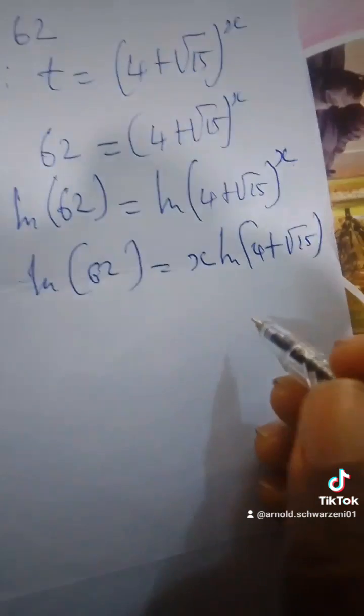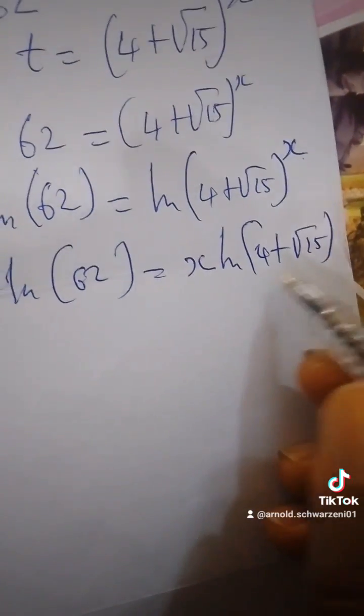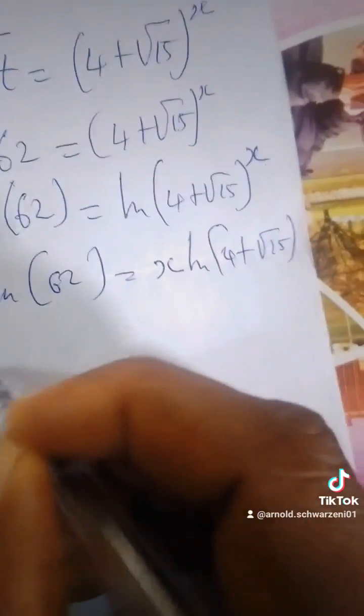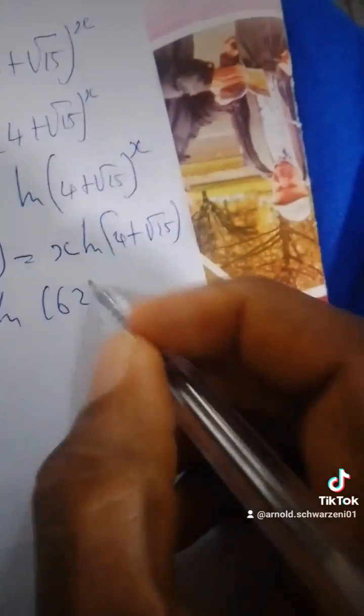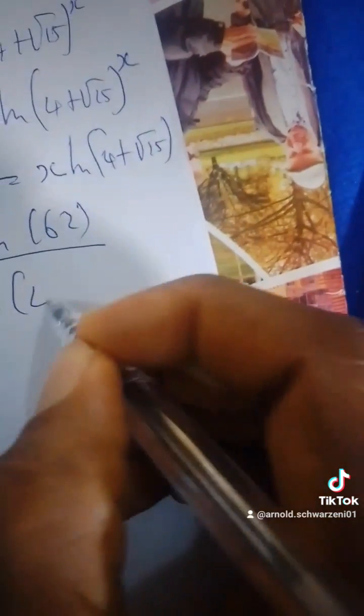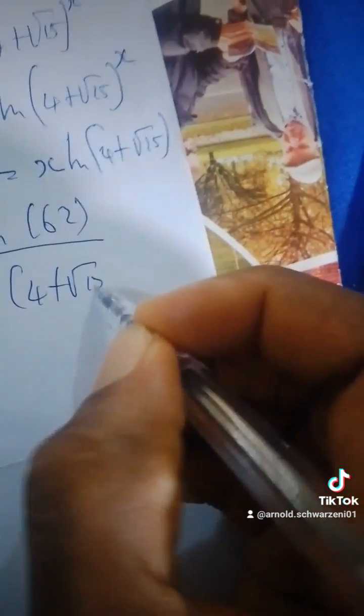Okay. Now, when we divide both sides by the coefficient of the x here, we are going to have that x will be equal to ln 62 all over ln of 4 plus root 15. Okay, that's what we have.